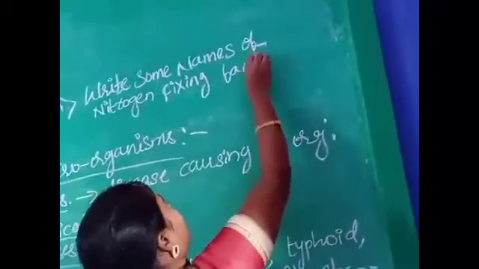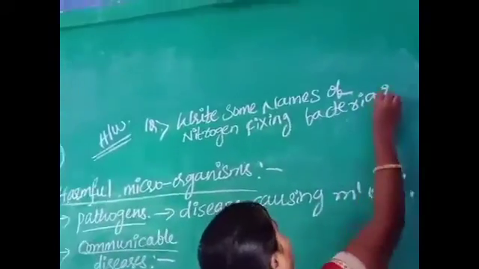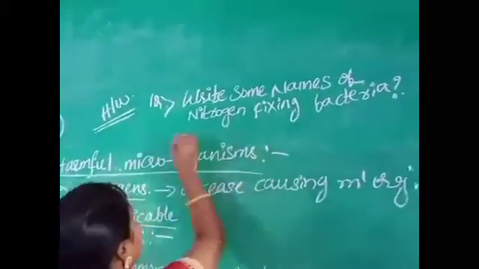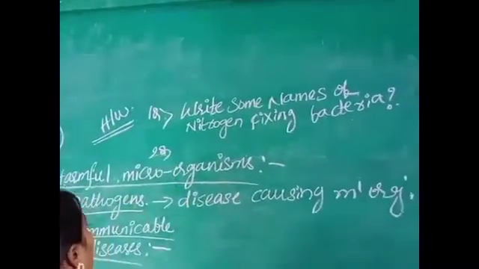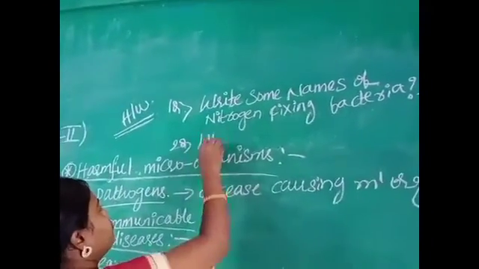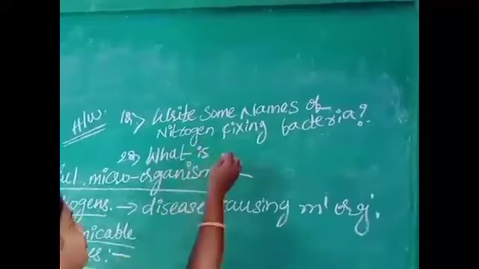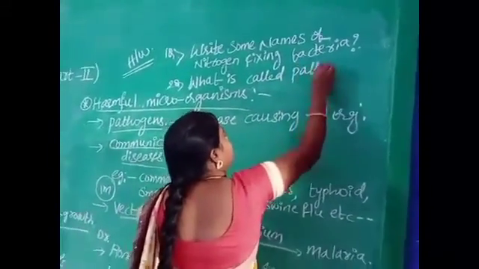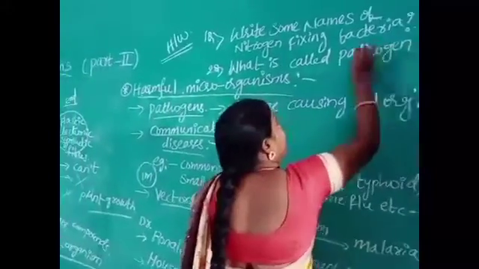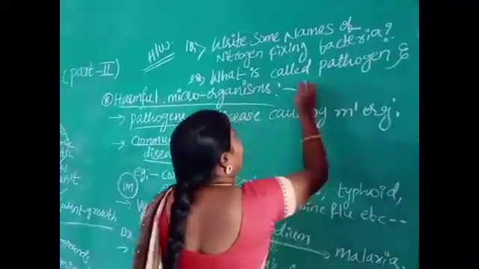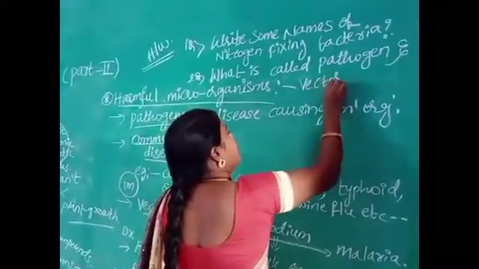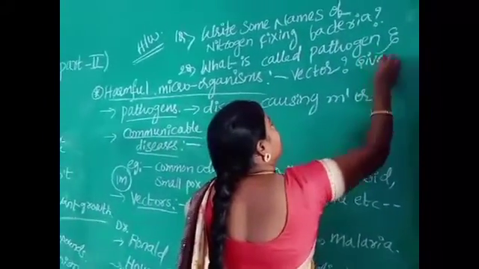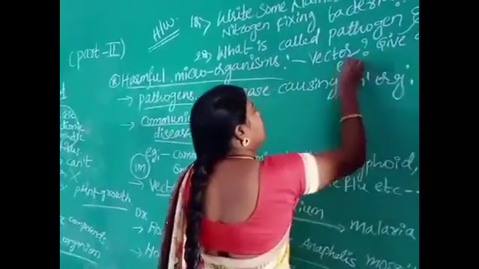Next, second question: what is called a pathogen, and what is called a vector? Give an example.